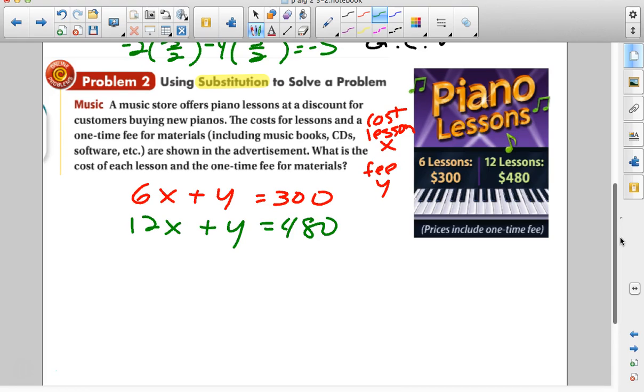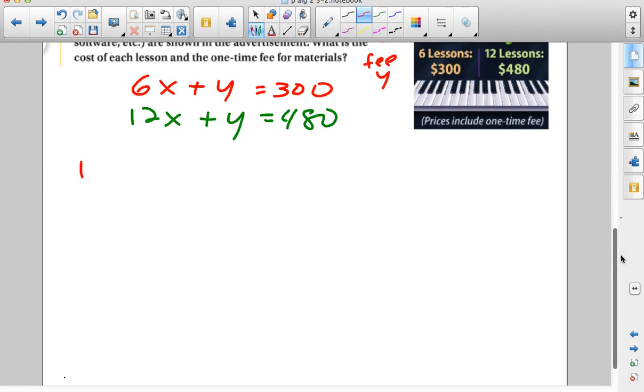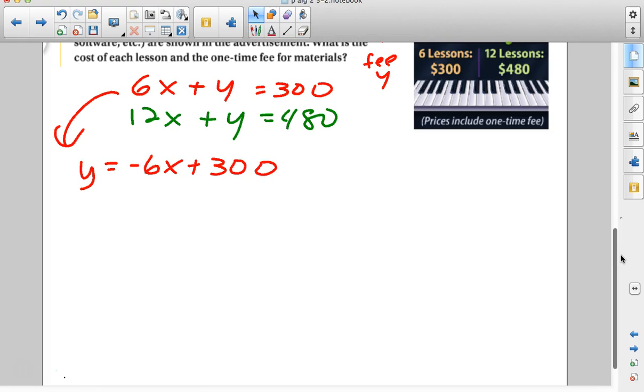Good candidate for substitution? And kind of a double candidate, right? So which one would you use? Red one or green one? Red one, solving for y, okay? Then what would you do?